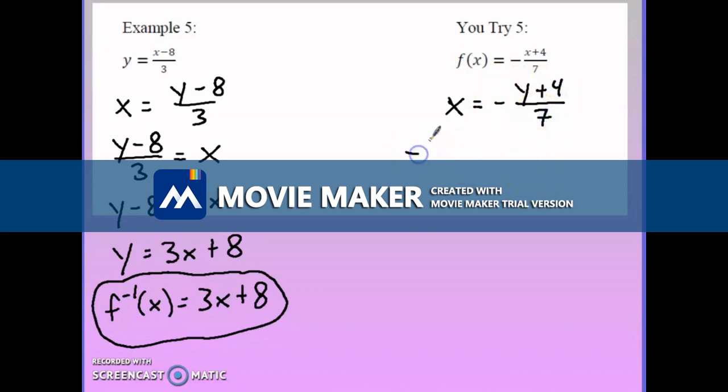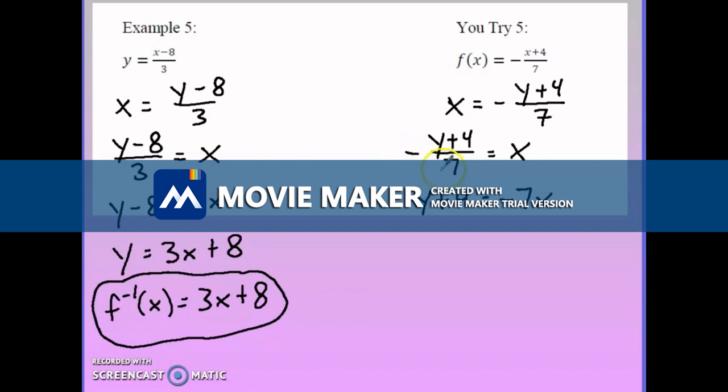Switch it, so it'd be negative y plus 4 over 7 equals x. When you bring the 7 over, you bring the negative also. So that would be y plus 4 equals negative 7x. That whole negative, just like when it was negative in the denominator, we brought it to the front.